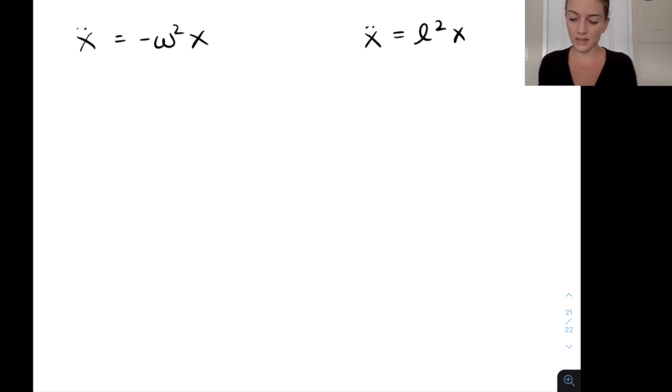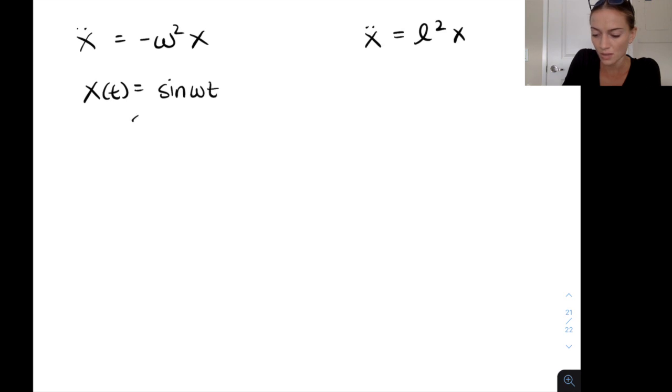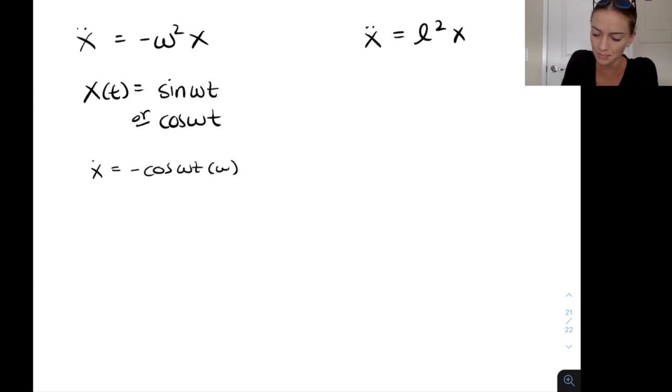And the reason is that the solution to this equation and the solution to this equation are very different. So here, functions that solve this differential equation are sine and cosine. So I could have sine omega t or cosine omega t. Both of those functions solve this differential equation. So let's take the first derivative, let's say of sine. The derivative of sine is negative cosine omega t times omega.